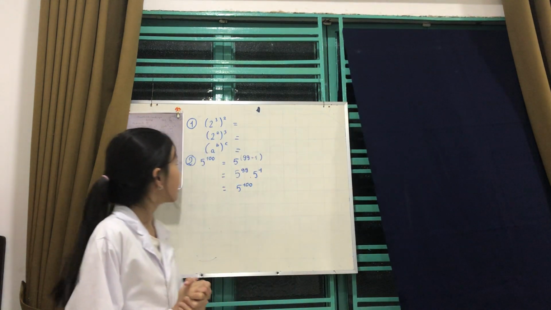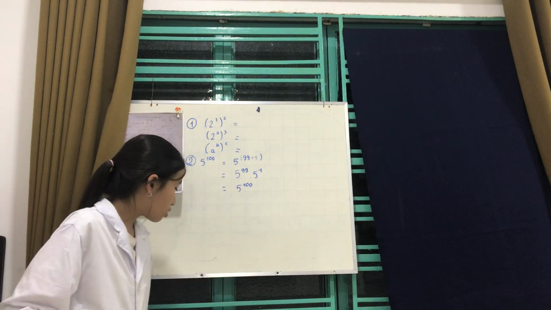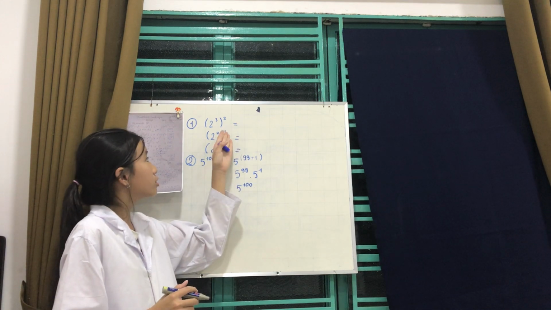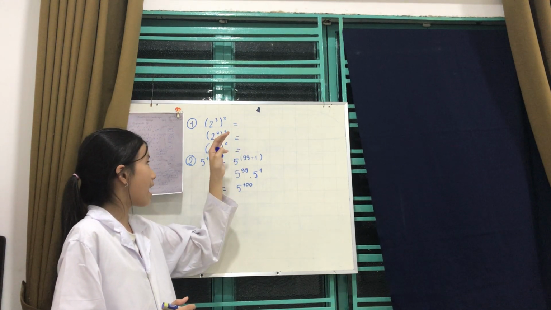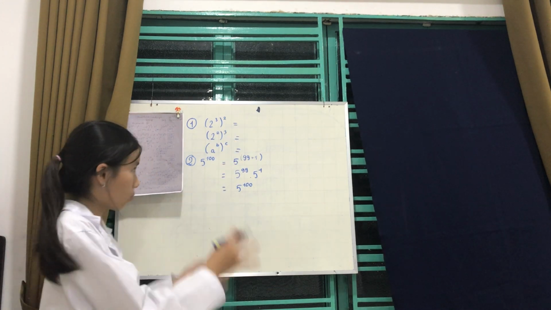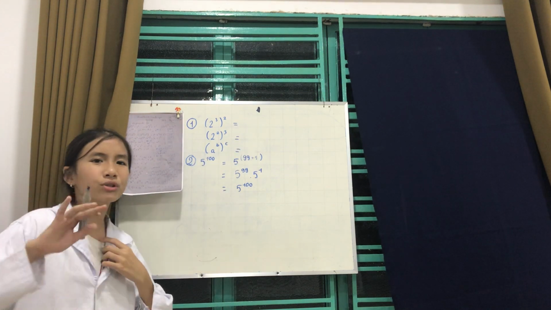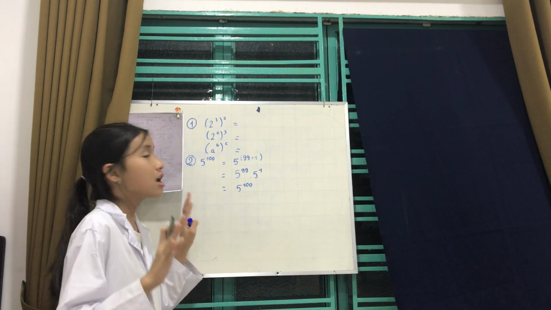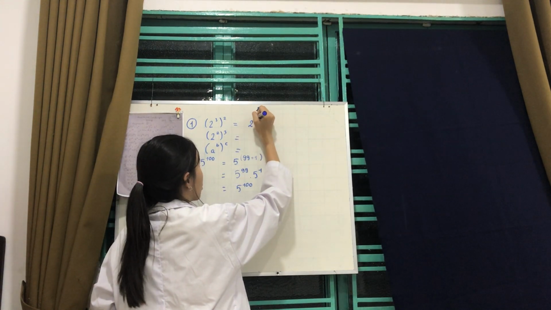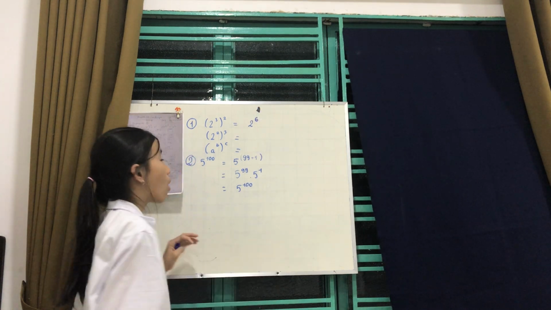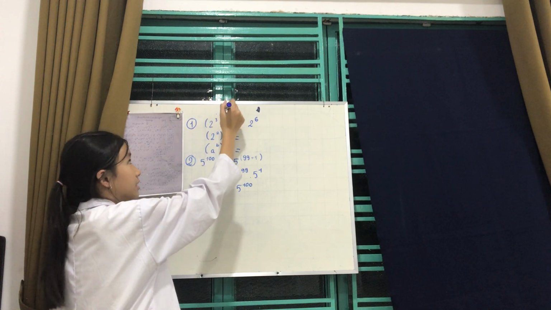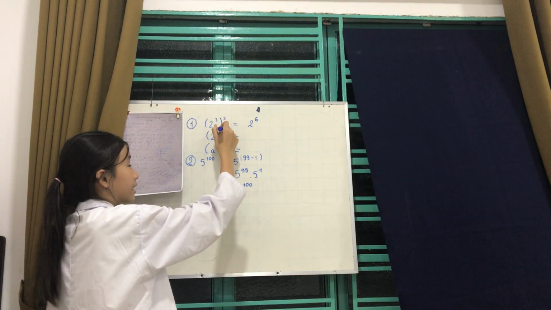The first problem is that 2 cubed squared will equal 1, and then 2 squared cubed will equal 1, and then a to the power of b to the power of c will equal 1. Firstly, I will use the rule for the powers of powers. The first one will equal 2 to the power of 6. Why? Because this rule states that we can take 3 times 2, or we can take 2 times 3.